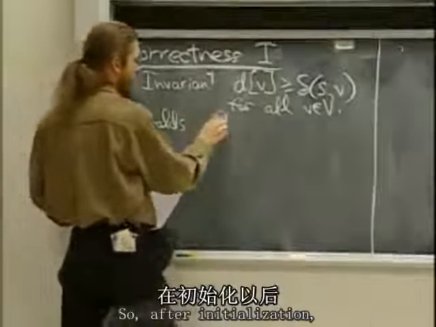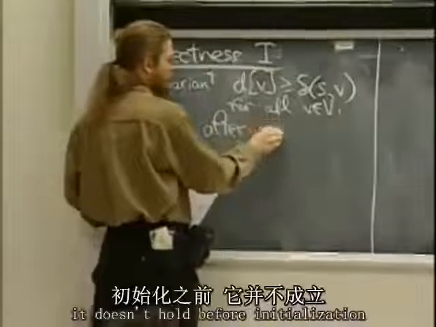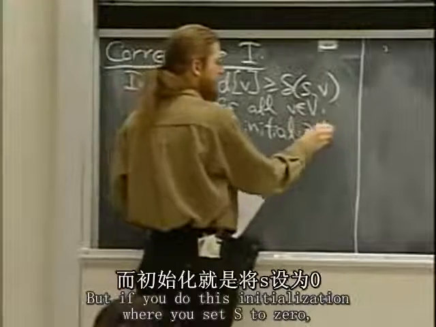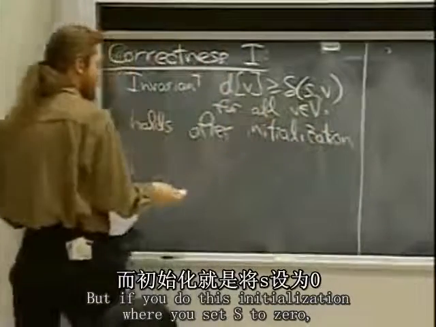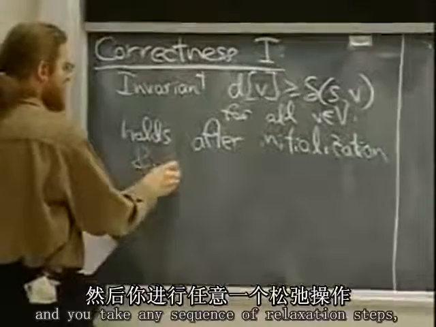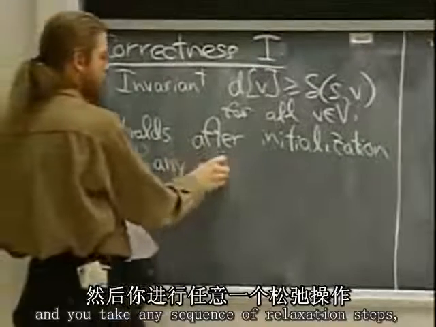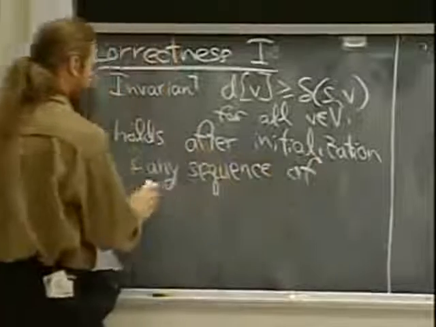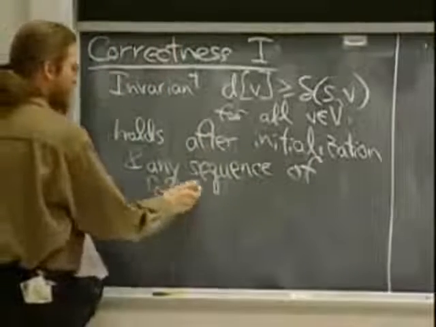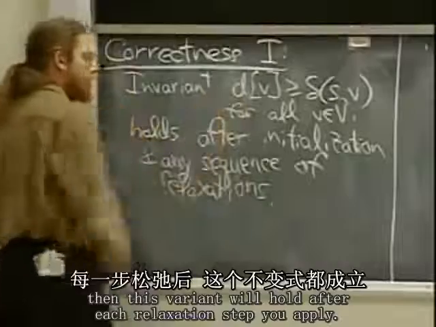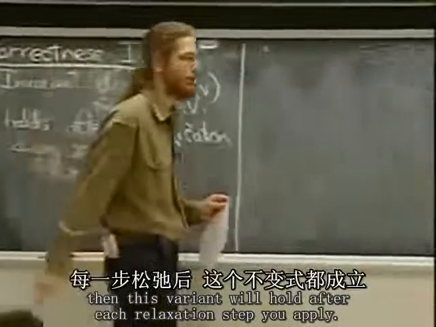So after initialization, it doesn't hold before initialization because d isn't defined then. But if you do this initialization where you set s to 0 and everyone else to infinity, and you take any sequence of relaxation steps, then this invariant will hold after each relaxation step you apply.